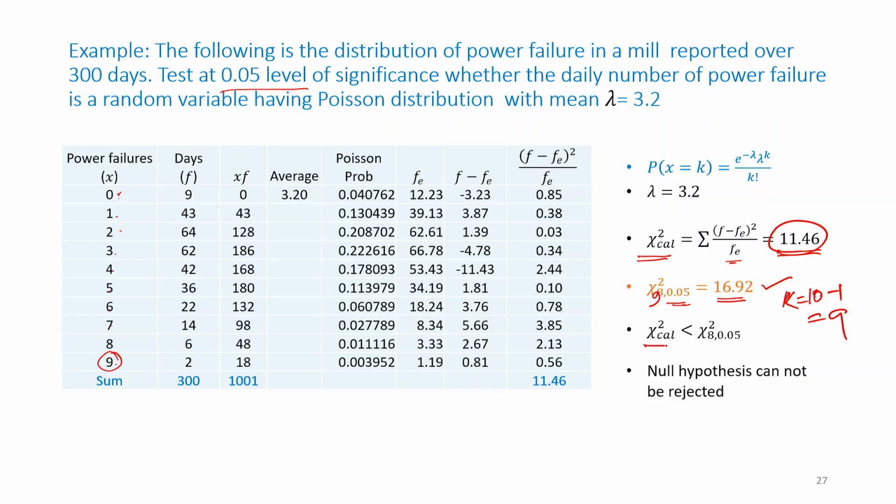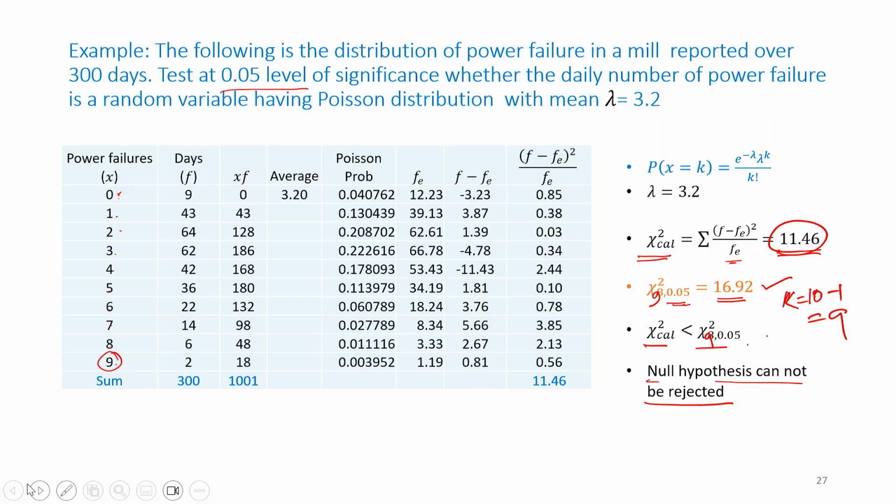So we compare between these two, which is more, which is less. Calculated value is less than the value that we get from the table given the level of significance and degree of freedom. Therefore, here also we can say null hypothesis cannot be rejected.